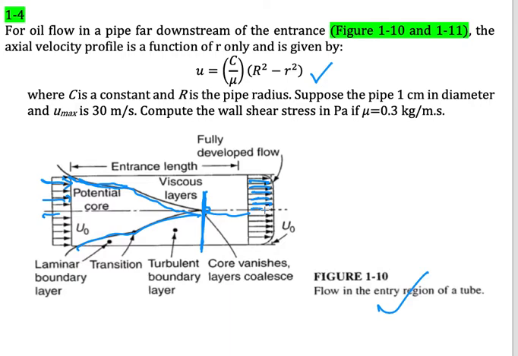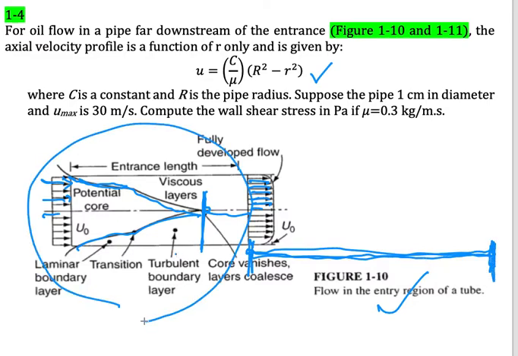Normally in our calculation or estimation, we are calculating behavior in the developed flow region, because at the entrance it is maybe quite chaotic and always has its own unique behavior, because the entrance length is not so long. So normally we neglect what happens in the entrance length.